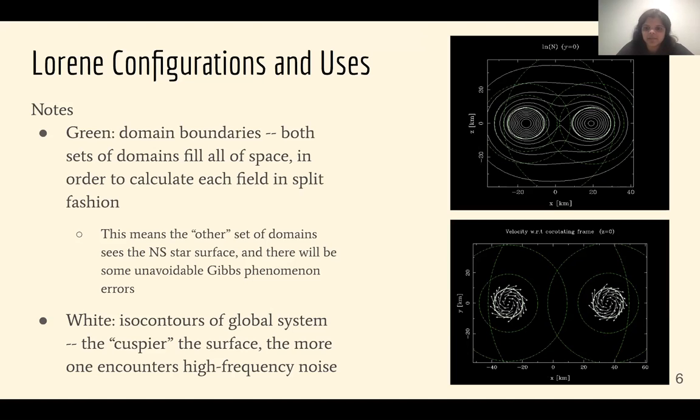In the second image, we have plotted the velocity field, which is given by the white lines, which also can be used for plotting isocontours of the global system. And the cuspier the surface, the more one encounters high frequency noise. So this is the way you can view what different kinds of fields should look like on your initial data configuration.